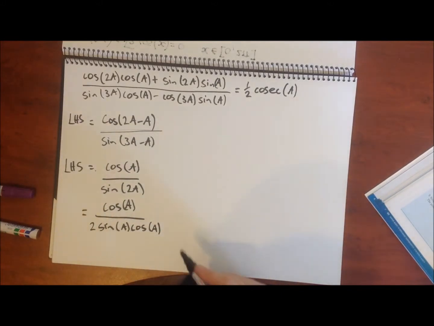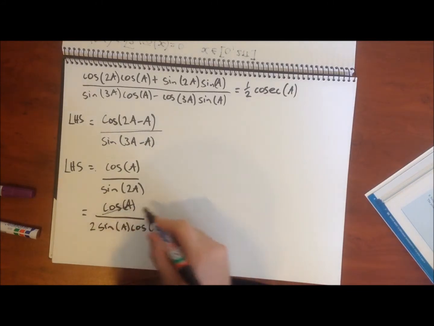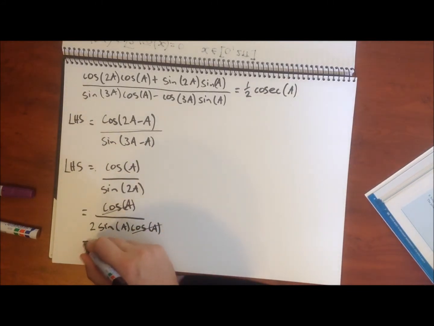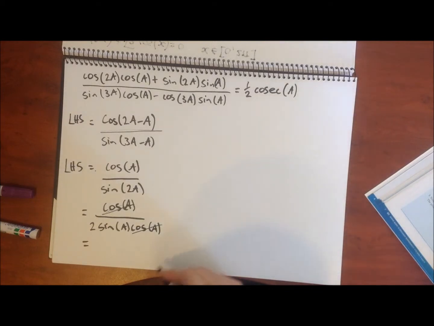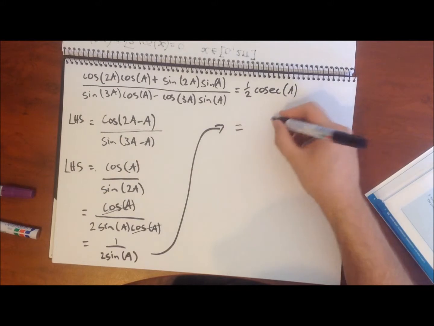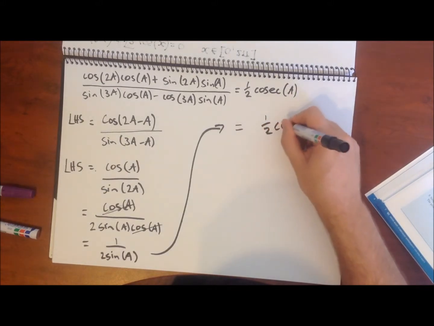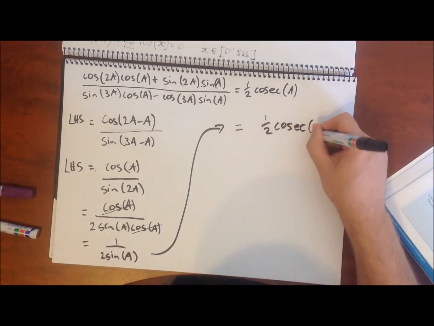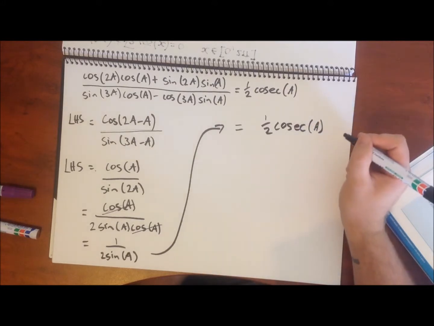So our coses can cancel out, leaving us with 1 on 2 sine of a, which simply goes to a half cosec of a as required.